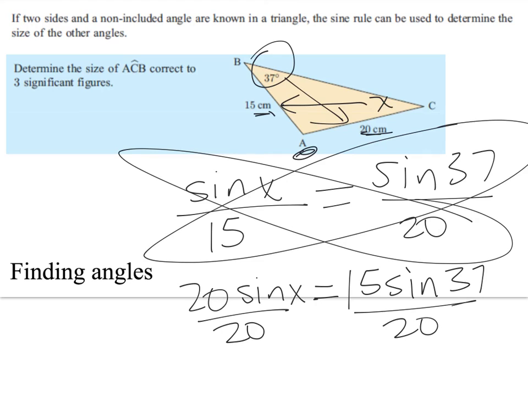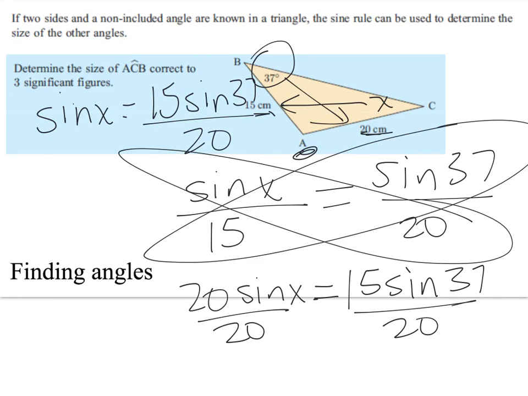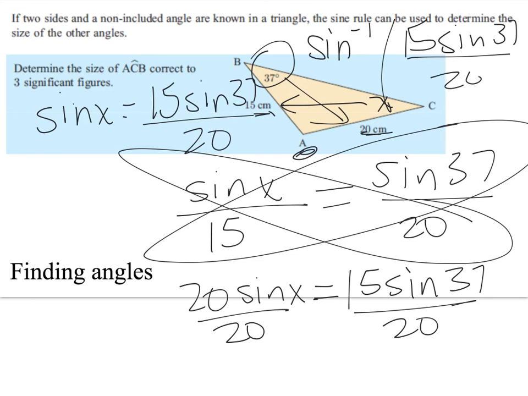So then we get, actually, the sine of x is equal to 15 sine 37 divided by 20. And to find x, we take the inverse sine. So we're going to take the arc sine of 15 sine 37 over 20.